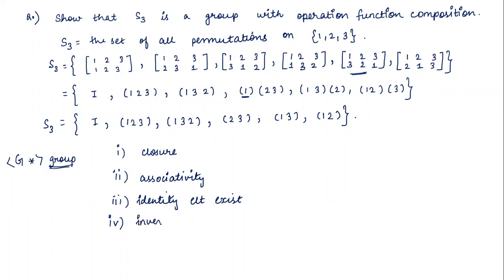So inverse exists for all elements in G. Let me write it like this. Now we have to show that these four properties are satisfied.